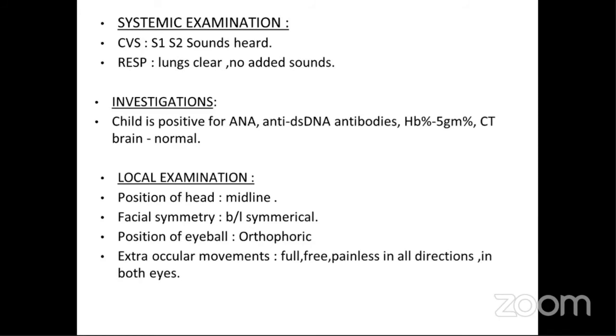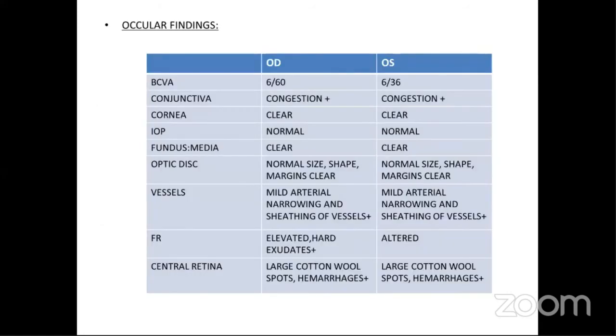Local examination: position of head is in midline, facial symmetry is bilaterally symmetrical, eyeball in orthophoric position, extraocular movements full, free, painless in all directions in both eyes. Ocular findings: in right eye, best corrected visual acuity is 6/60, conjunctival congestion is present, cornea clear, IOP normal.